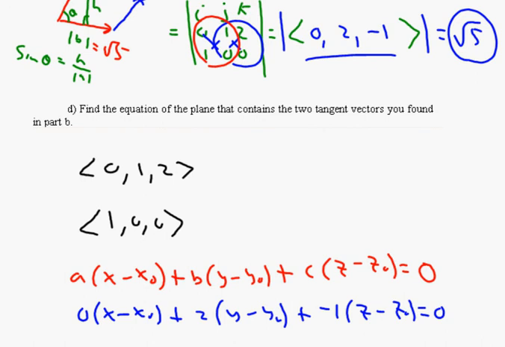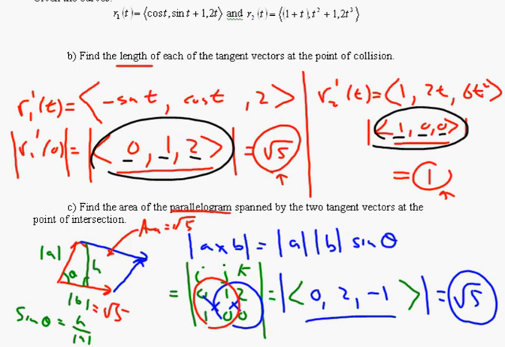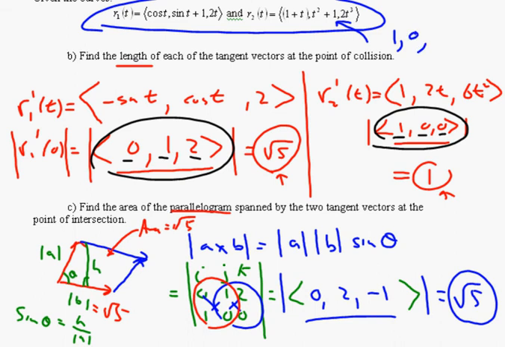Once we know that, we can go back to part A and look at the vector function. Here it is up here, actually. I can plug 0 into either one. So say I plug 0 into this one here. If t equals 0, I get back 1, and then 0, and then 0 again. So there's a point.